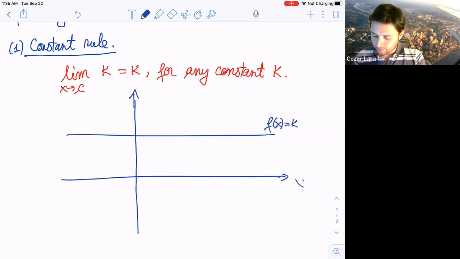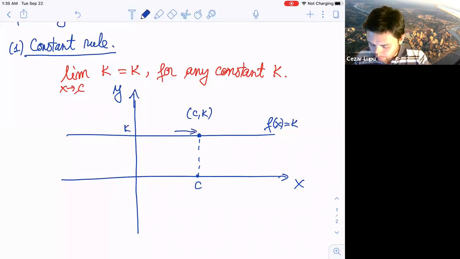This will be parallel to the x-axis. And let's suppose I have the point here. So this is the point of coordinate C, k, right? See, it's here. K is here. And as you can see, the limit goes from the left, from the right. So it will be k, right?